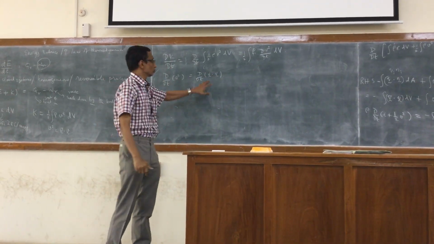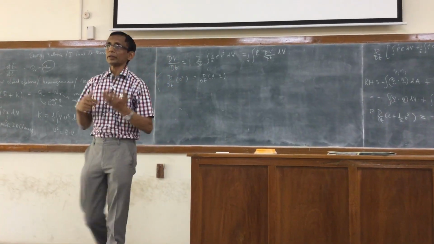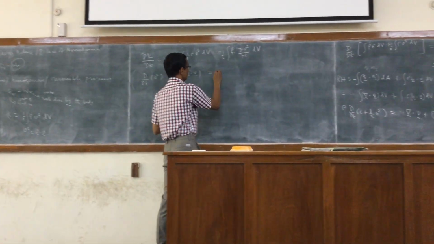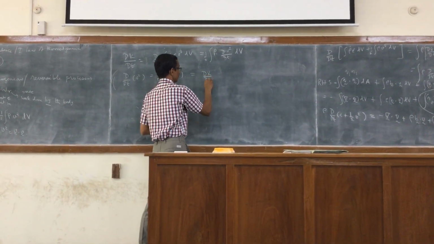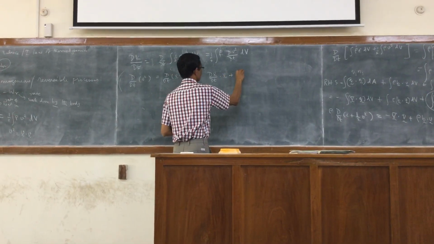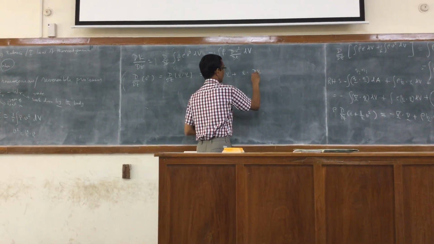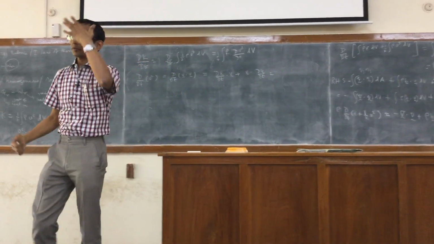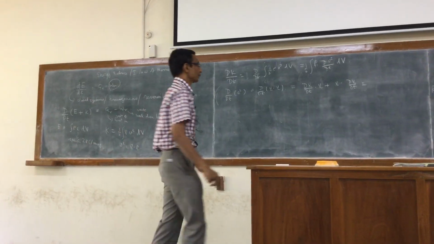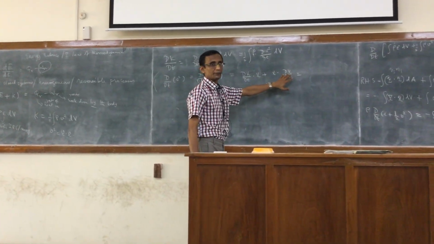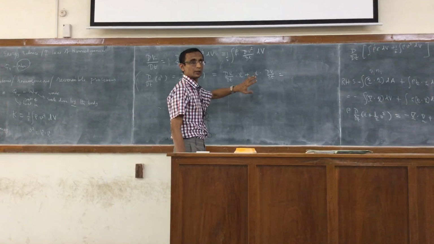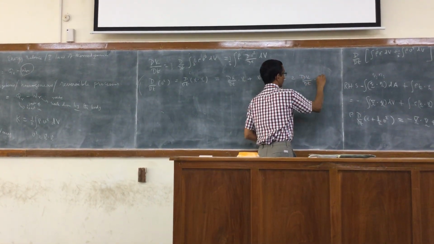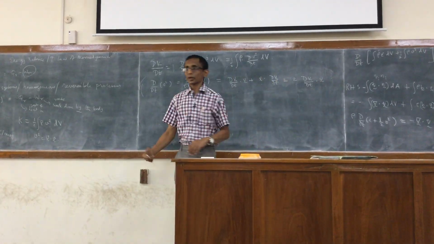Now I can use the formula for d by dt of the dot product of two vectors to give two terms. That is dv by dt dotted with v plus v dotted with dv by dt. This is the scalar dot product, both terms are the same, and I can write them either as 2 times v dotted with dv by dt or 2 times dv by dt dotted with v. So this is what I have.